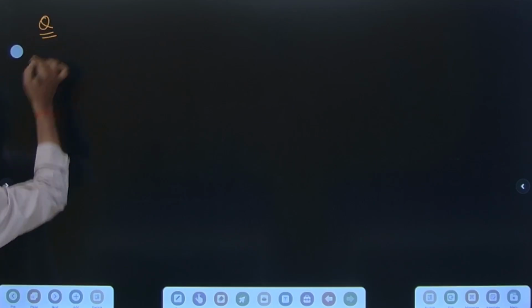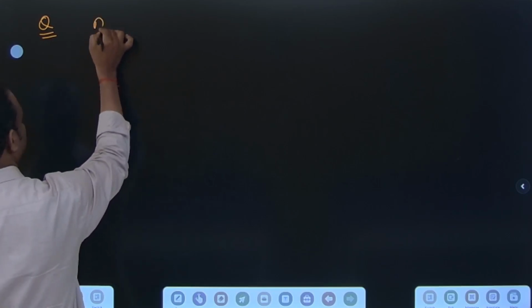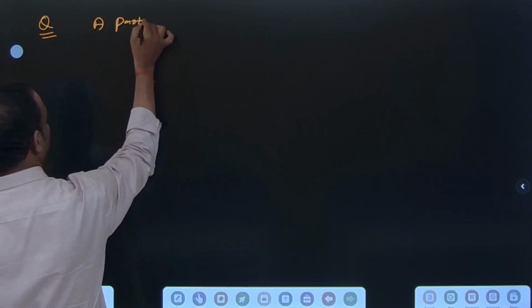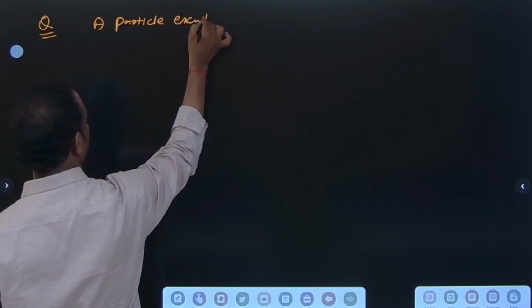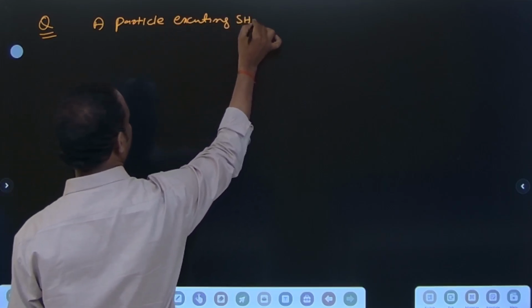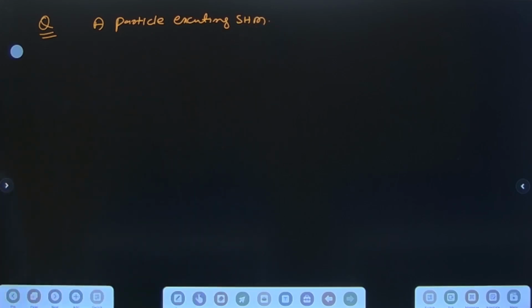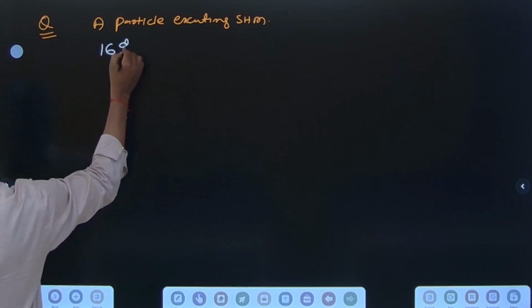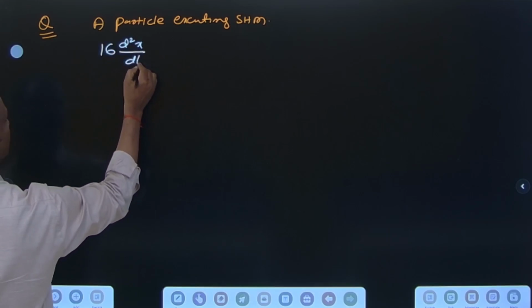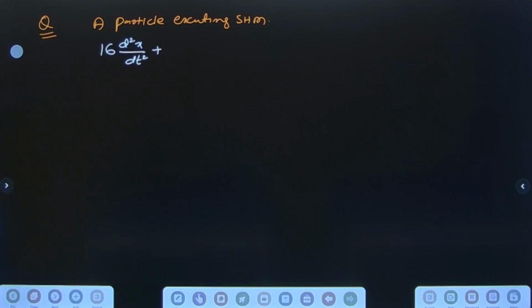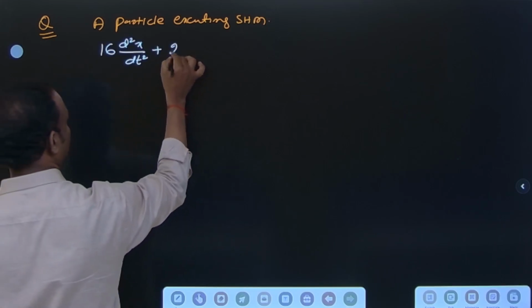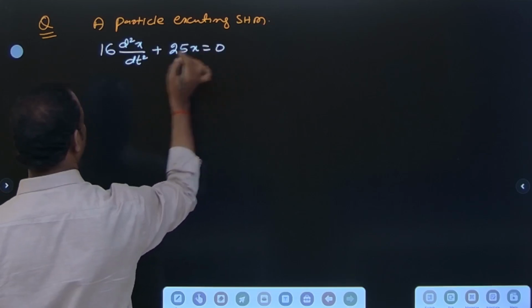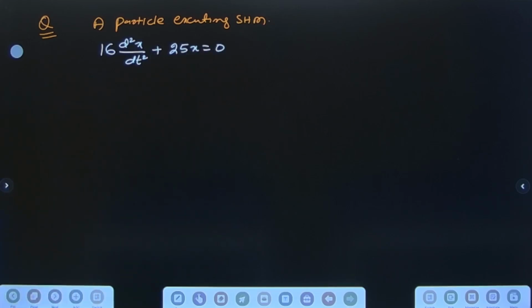So the question is based on this, like a differential form. If a particle is executing SHM, and the equation is 16 d square x by dt square plus 25x is equal to 0, some differential equation is given.